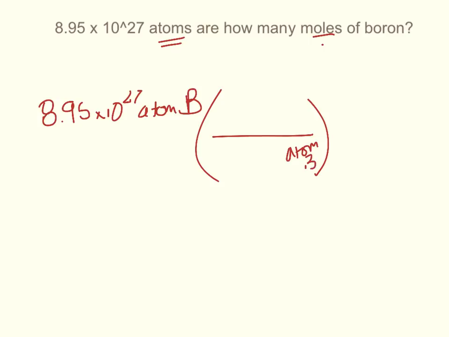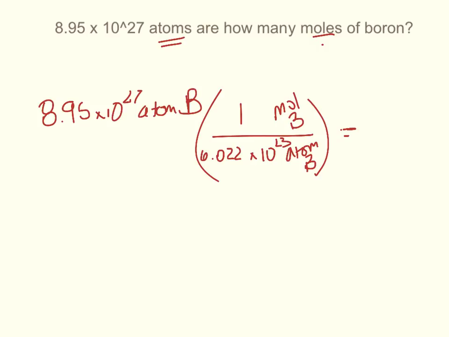So I have atoms of boron down here, and I'm trying to get moles of boron up here on the top. And I know for every 1 mole of boron, I have 6.022 times 10 to the 23rd atoms. Avogadro's number, right?